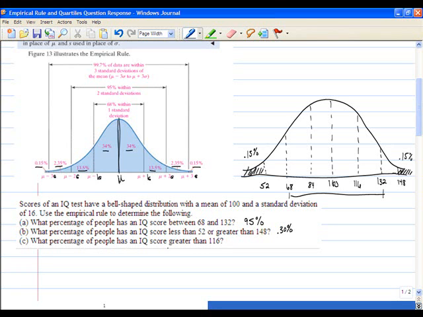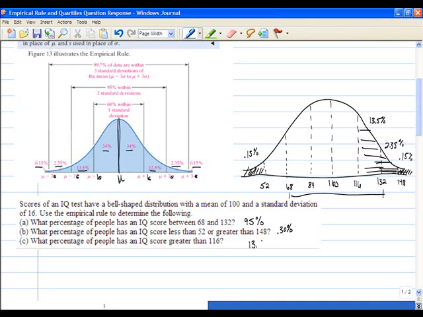What percentage of people has an IQ score greater than 116? Well, if we look at our values from our table here, greater than 116 is going to be all of this span of the curve. So that's 13.5%, 2.35%, and 0.15%.